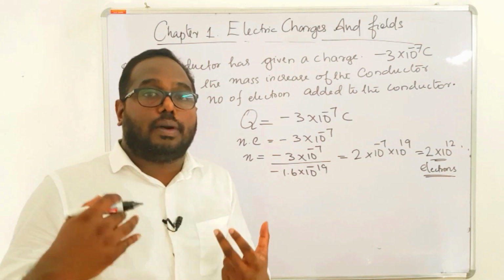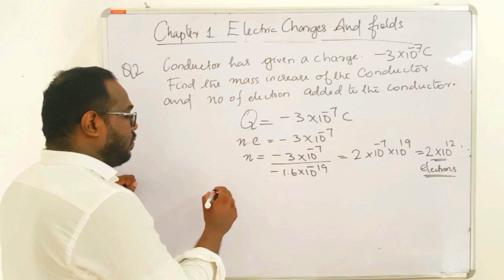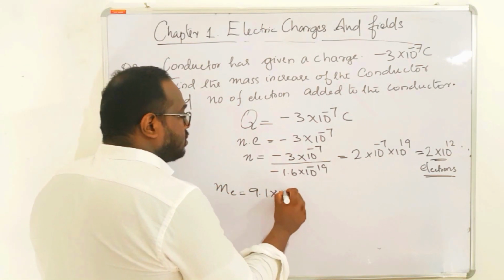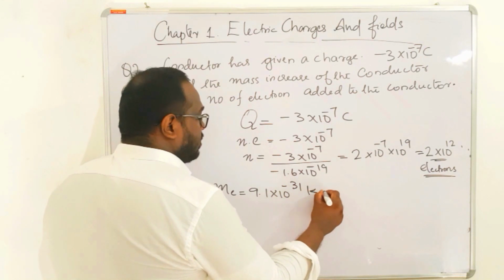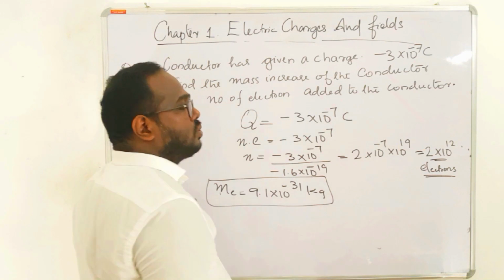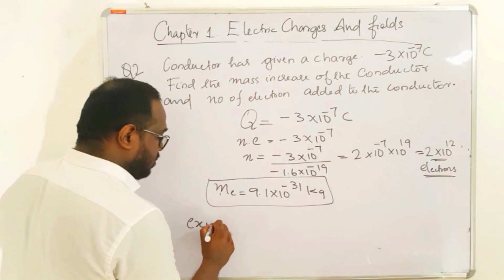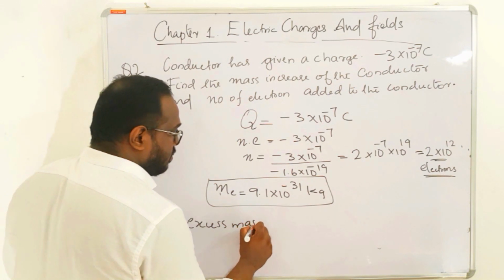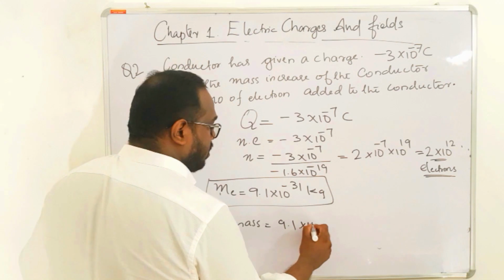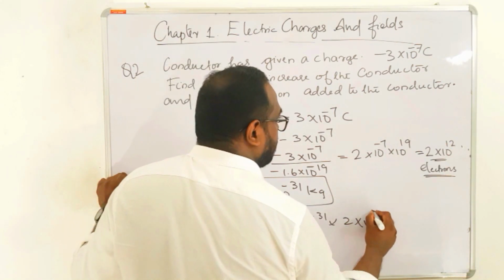Now we have to find the increase in mass. The mass of one electron is equal to 9.1 into 10 raised to minus 31 kg. Such 2 into 10 raised to 12 electrons are transferred. So the excess mass is equal to the mass of one electron, 9.1 into 10 raised to minus 31, into the number of electrons, 2 into 10 raised to 12.